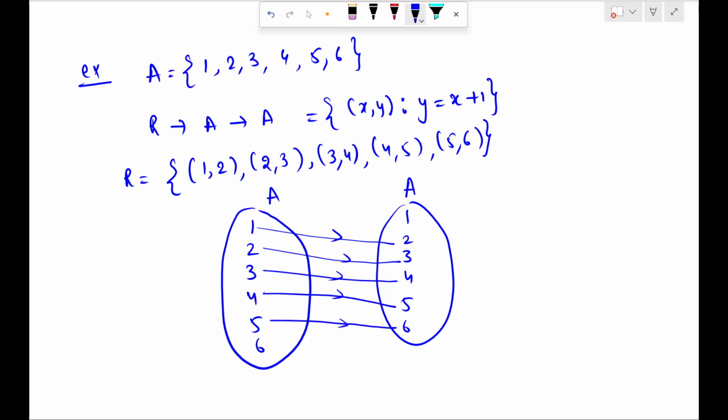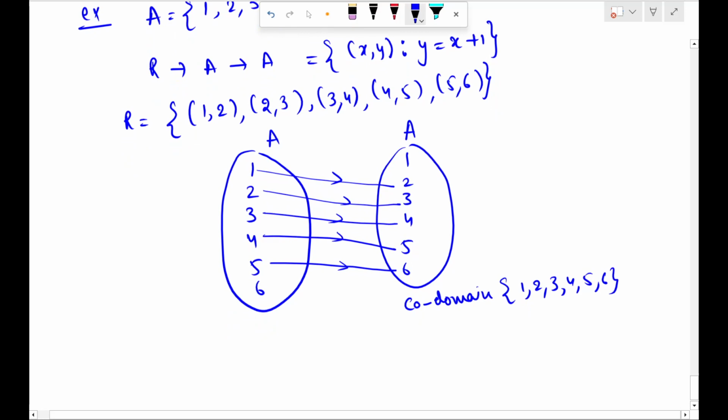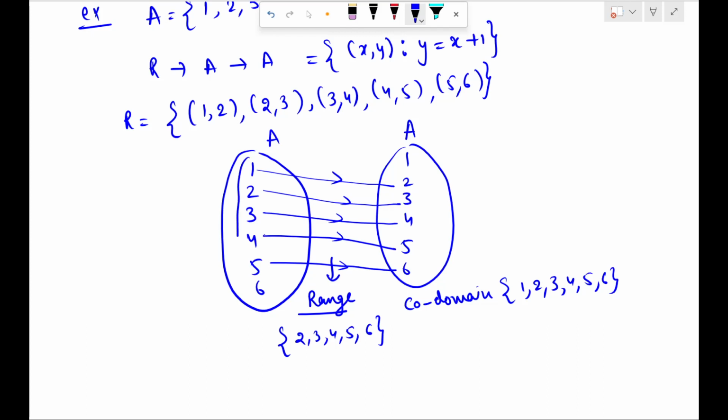So here this set A is codomain, which is equal to 1, 2, 3, 4, 5, 6, and this relation is a range which is equal to 2, 3, 4, 5 and 6, and the domain is the set of all these elements, 1, 2, 3, 4, 5.